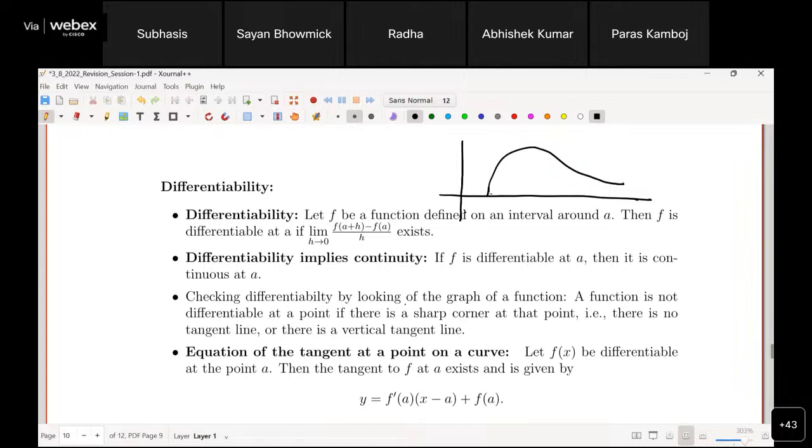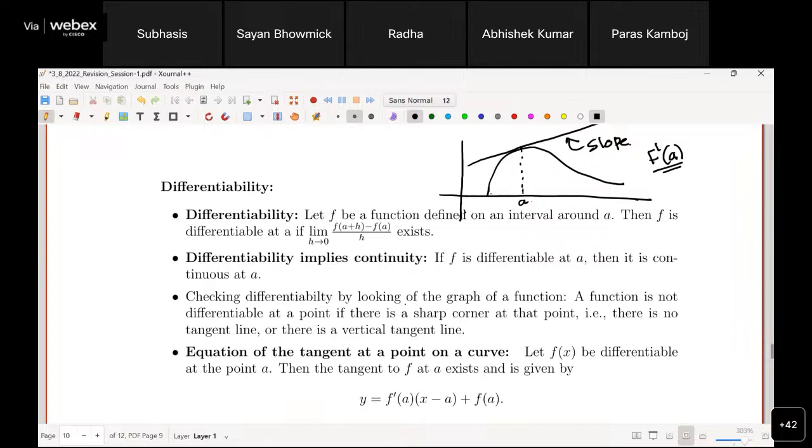The main idea of the derivative, why we are computing the derivative: at this point, let's say this is my a, the derivative of this function will precisely give you the slope of the tangent. So f dash of a is nothing but the slope of this line.